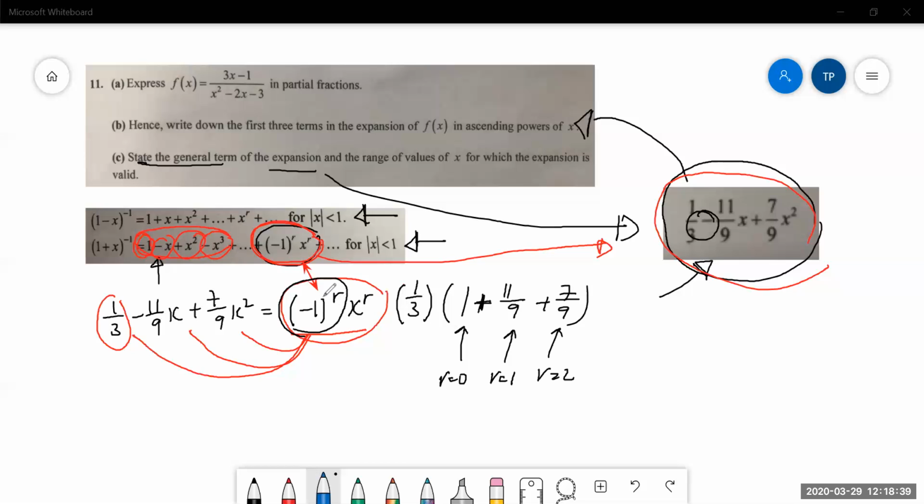If I multiply (-1)^r into all these terms again, I'm going to get 1 minus 11/9 plus 7/9.